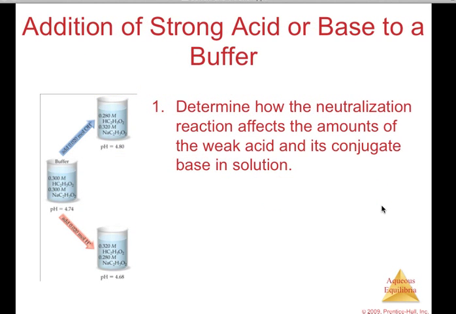So again, determine how the neutralization reaction affects the amounts of the weak acid and its conjugate base in solution. You have to know what's left over in that solution to set up the correct equilibrium, if there is one.